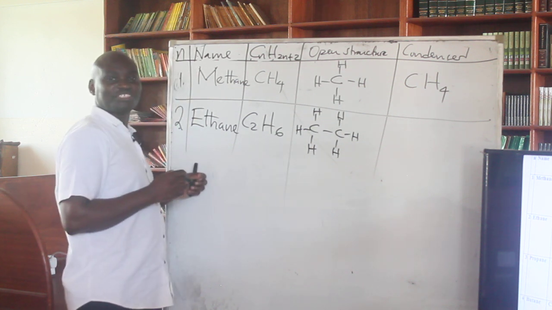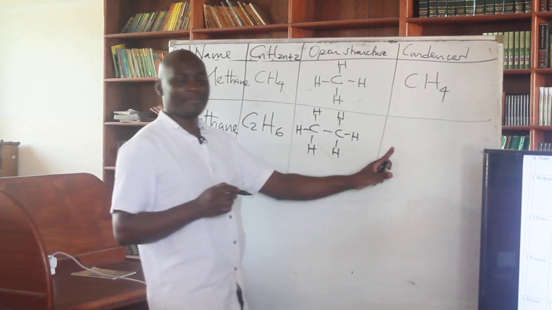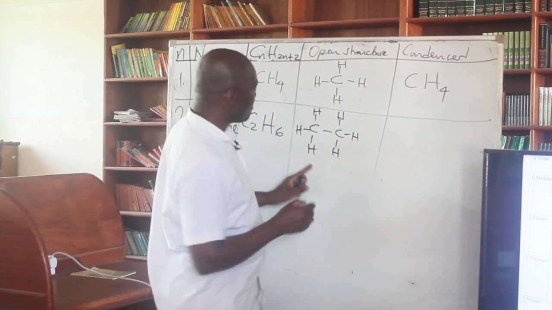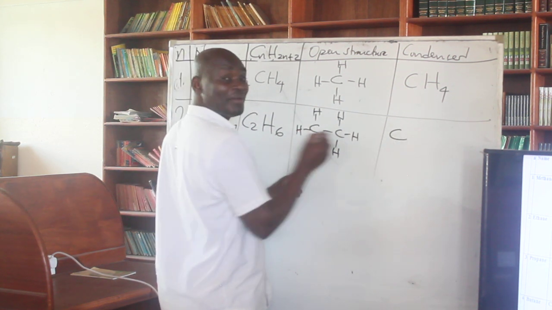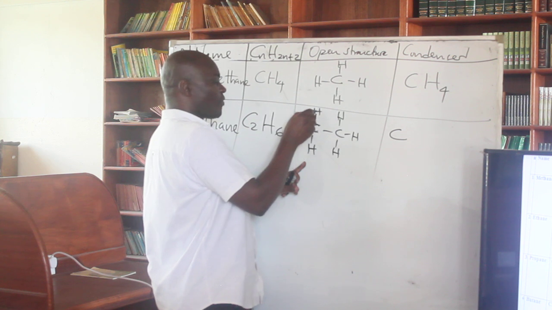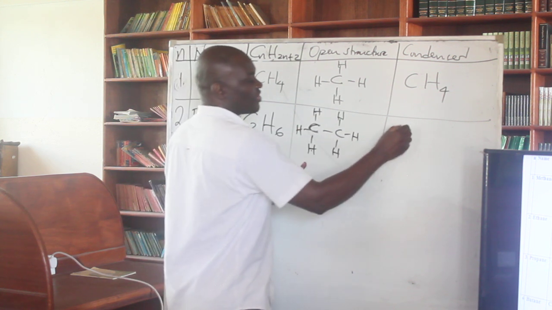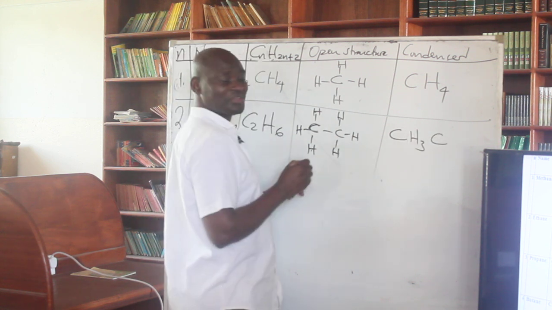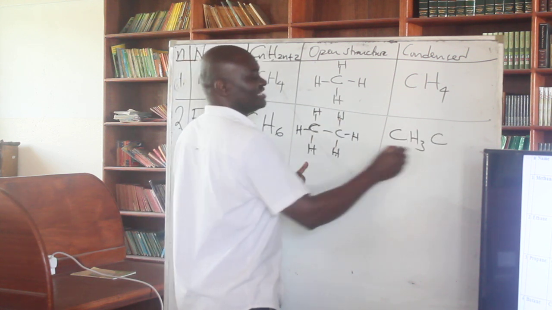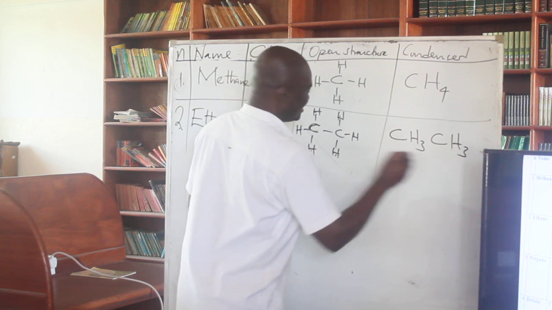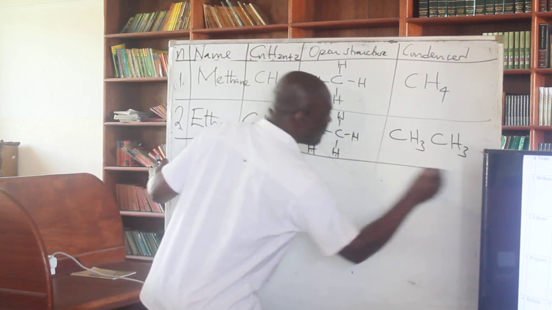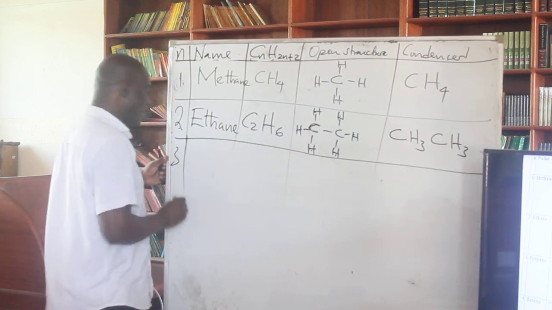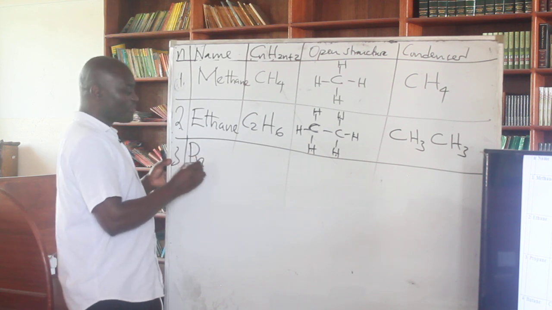That is the open structure. Then for the condensed structure, it is very simple. We write the first carbon with 3 hydrogens, and the second carbon with 3 hydrogens. Then the third one, before we conclude, is propane.